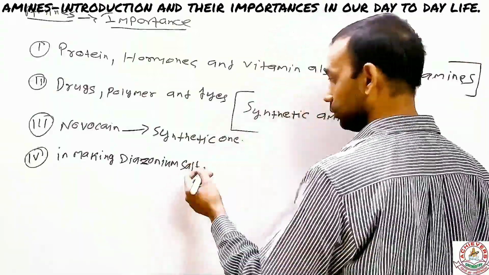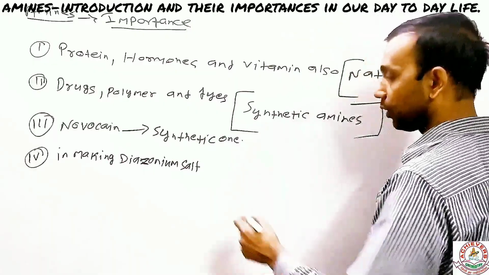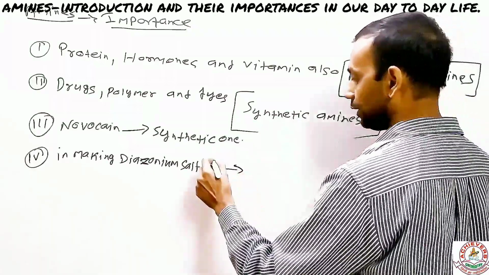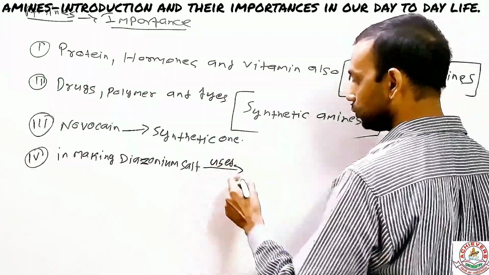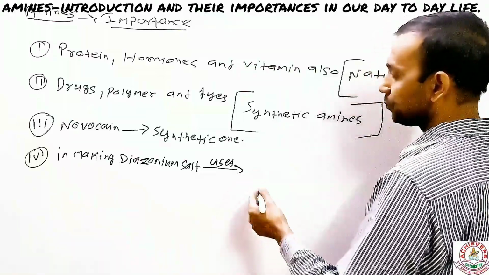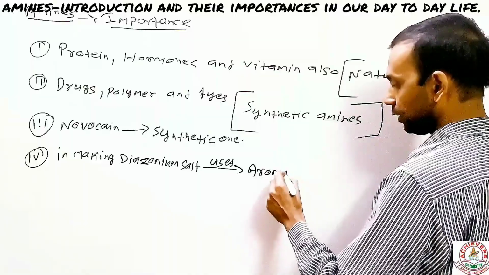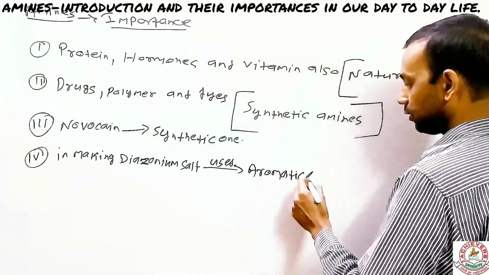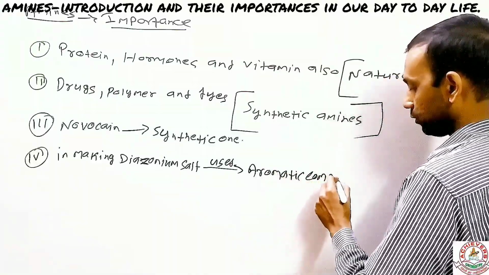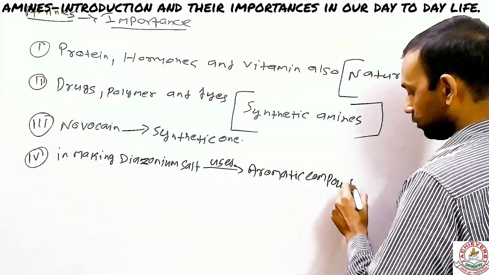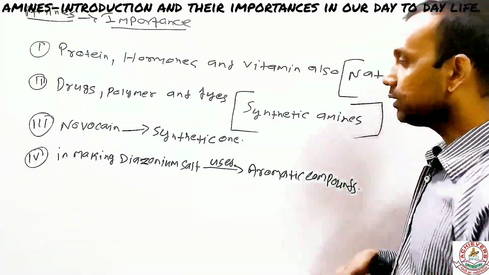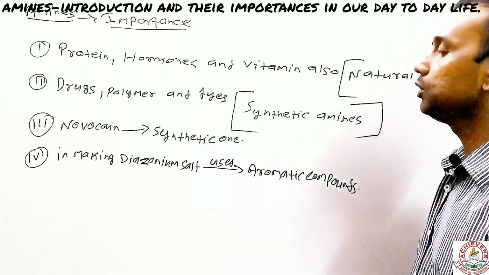And this is actually something very important. Why? Because it is used to prepare aromatic compounds, right? So this is something I wanted to introduce to you about the amine.